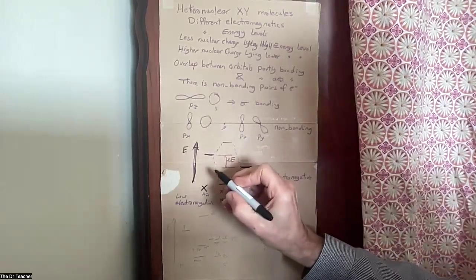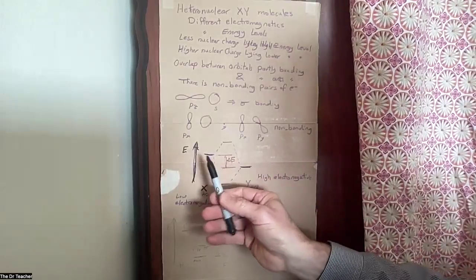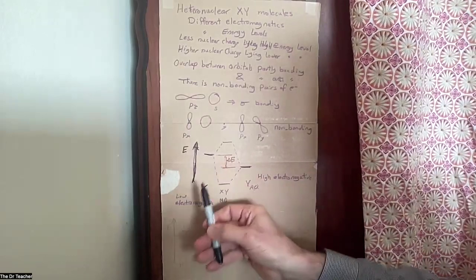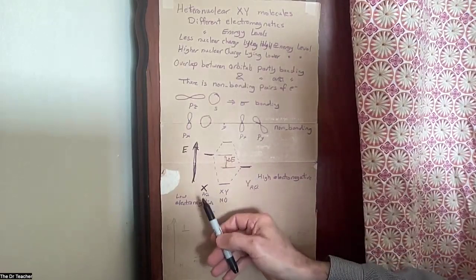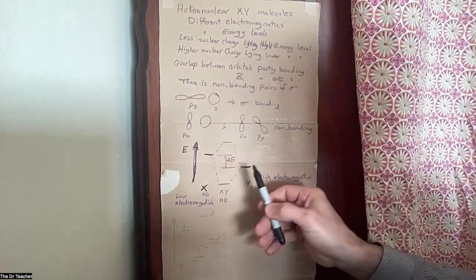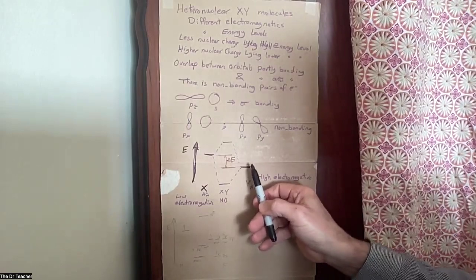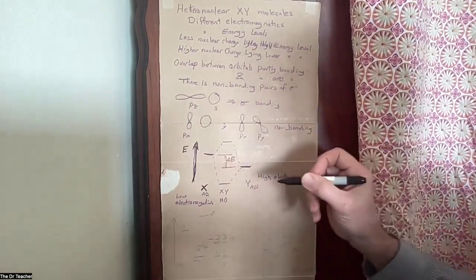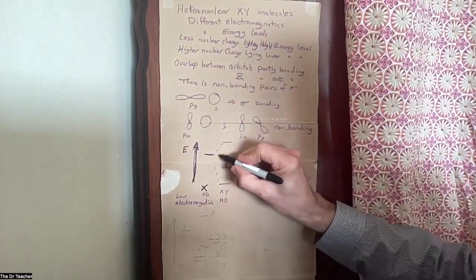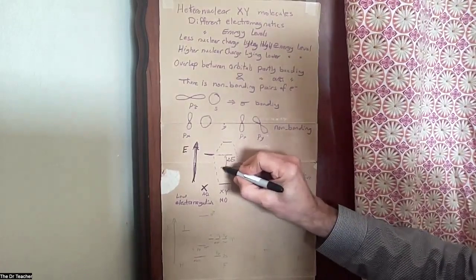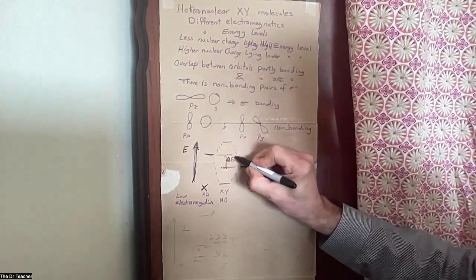So the orbitals will be higher on the energy level for the low electronegative atom, and the higher electronegative will be lower on the energy level scale. And there will be a difference between them, which is delta E.